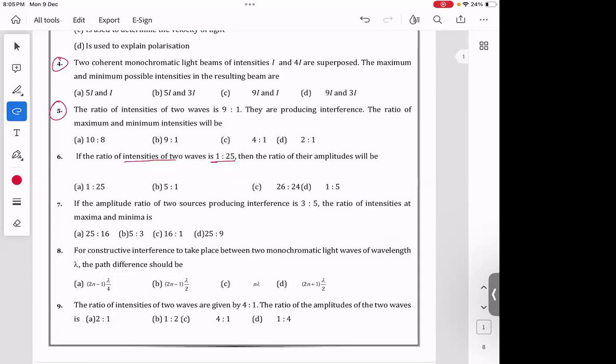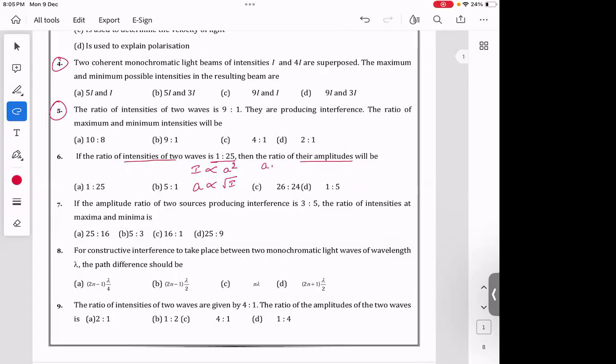Two intensities are in the ratio 1:25. What is the ratio of their amplitudes? Students, we know that the intensity is directly proportional to the square of the amplitude. So amplitude is directly proportional to the square root of the intensity.